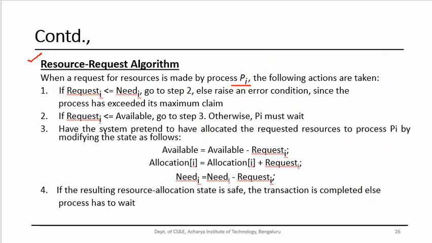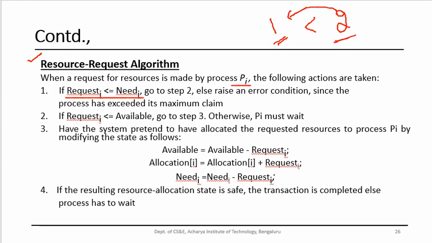We ensure that the request that Pi is making is less than or equal to the need of Pi. It is something like this: your need is 2 apples and you are making a request for 1 apple, which means 1 is less than 2, so an apple can be given to you. That's what I am trying to ensure.